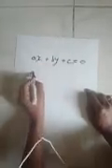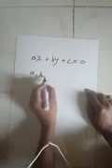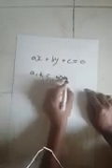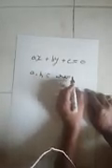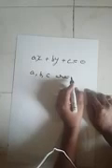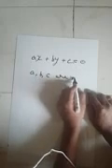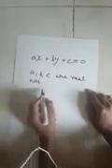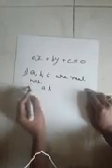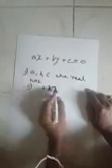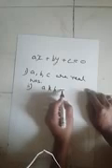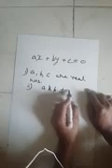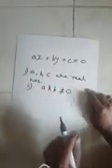Now if you see, a, b and c are real numbers, anything you can take. But a and b should not be equal to 0.